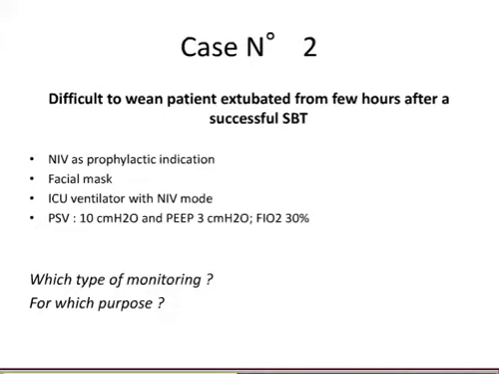Okay. Thank you. Maybe in the preceding patient, sufficient ventilation was really the key point, looking directly or indirectly with respiratory rate.